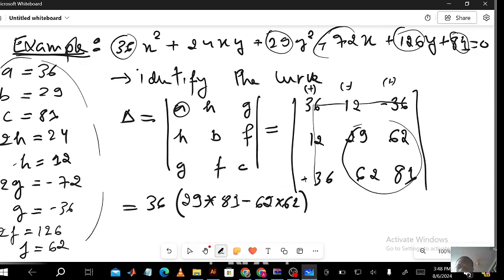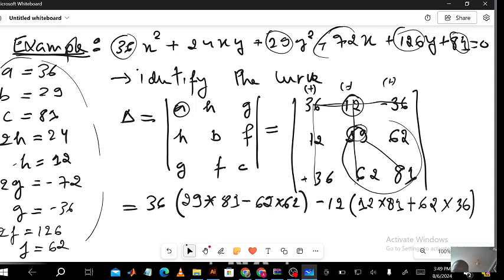Then minus, because I have this minus 12. Now I cross this one, the intersection is 12. If I cross this one, it will remain 12 multiplied by 81 minus 62 multiplied by this one, which was minus 36, and this minus becomes plus.